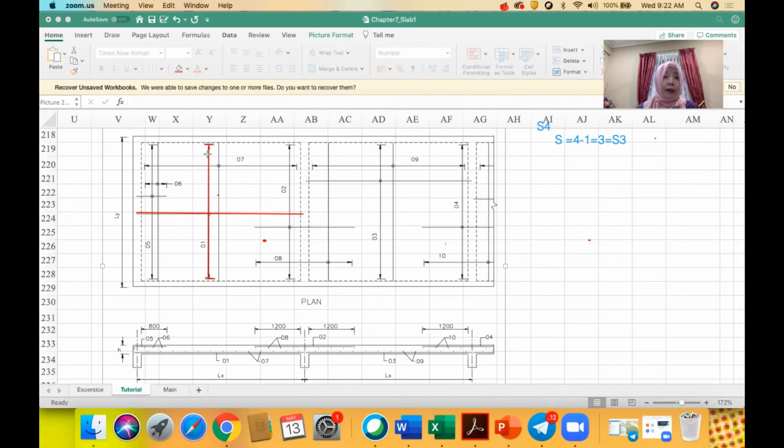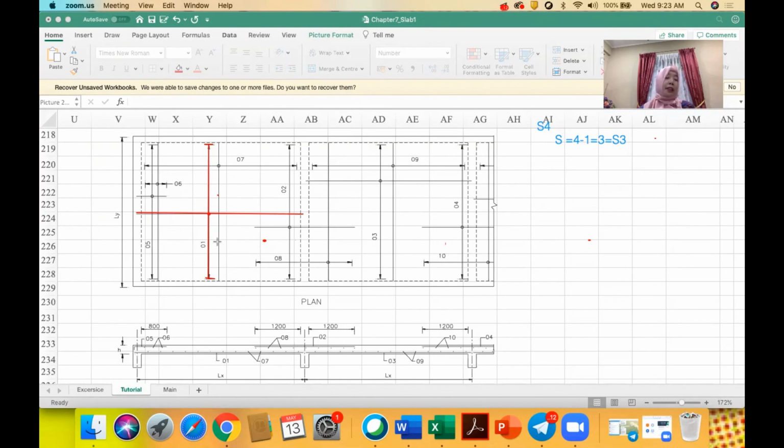Actually we have a lot of steel from here to here, and in the drawing we just show one of them only, yeah? And then put dot here, from here to here. This is 01 located at the bottom.